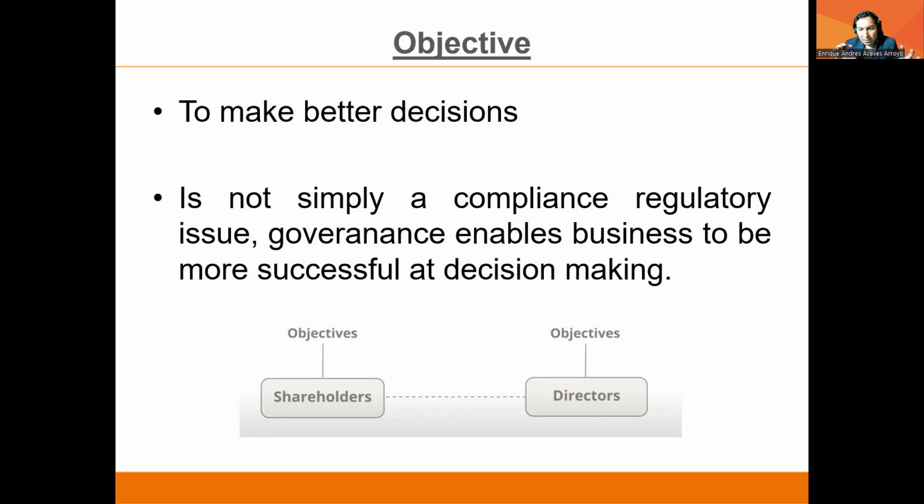The importance of this chart is that corporate governance is basically to find a way to match both of these objectives and to mitigate the risk that makes decision making diverge from those objectives.